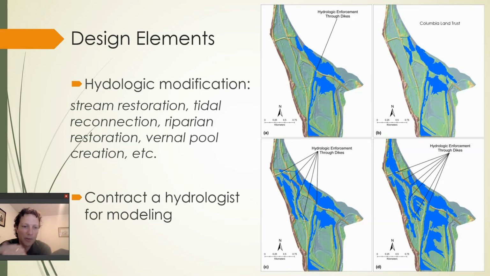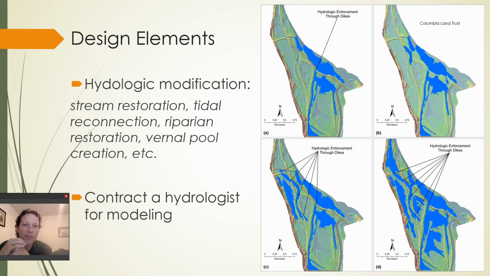In any case, you want to understand how water impacts and interacts with the site. And this might involve some pretty intense computer modeling or specialized software or just specialized expertise that you don't have in-house that you need to contract out.